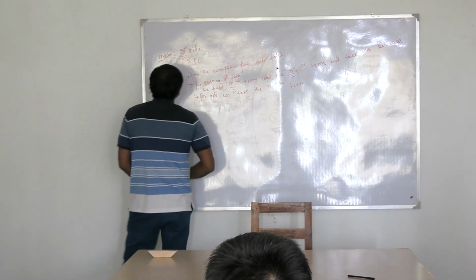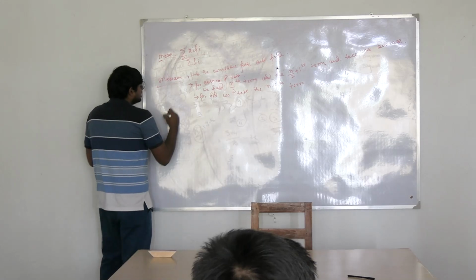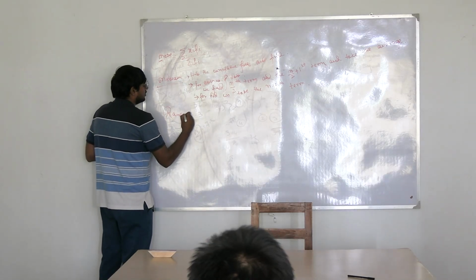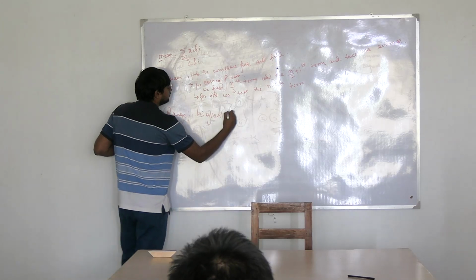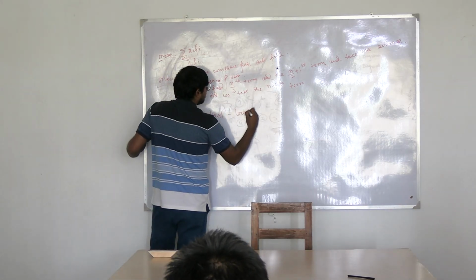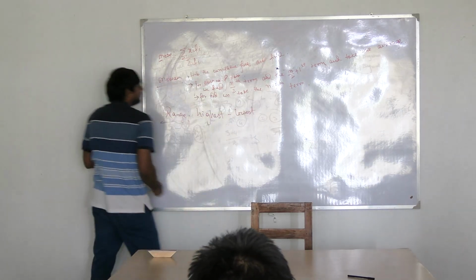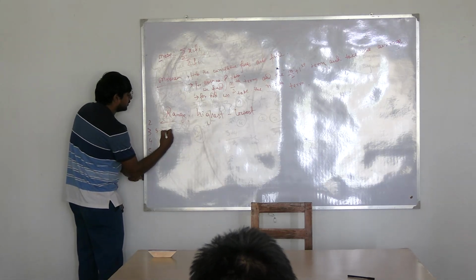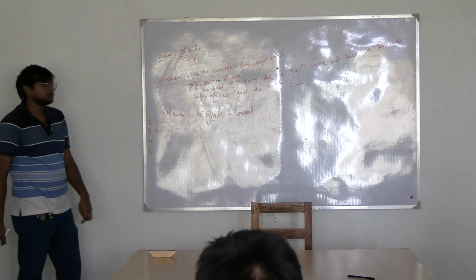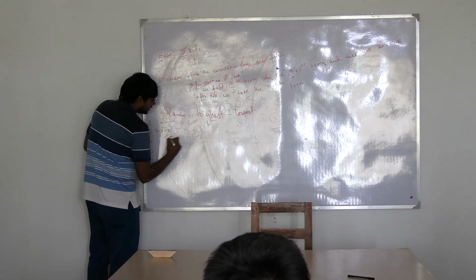Now, range. What is the formula for range? Highest minus lowest. 2, 3, 4, 5. Range is 5 minus 2, which is equal to 3. What is standard deviation?